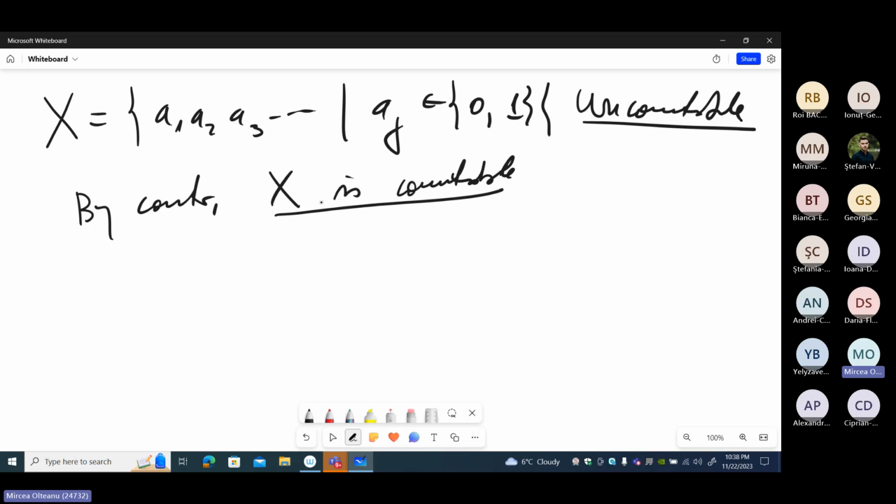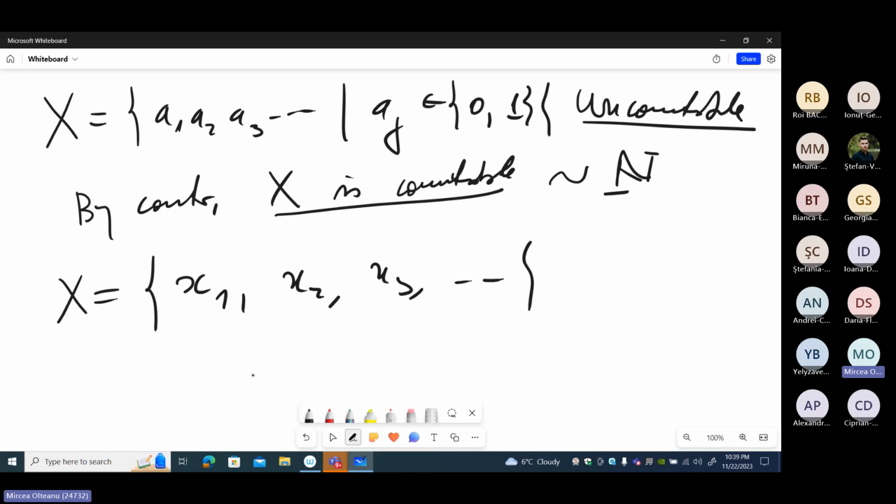What does it mean for a set to be countable? It means that it is in a one-to-one correspondence with the set of natural numbers. That means we can write its elements as a sequence: you are the first, you are the second, you are the third, and so on. So X can be written as a sequence x1, x2, x3, and so on.